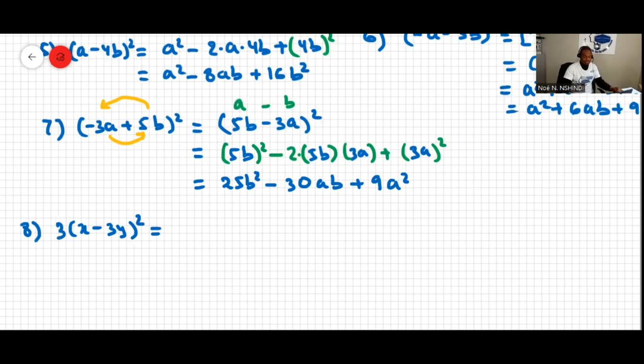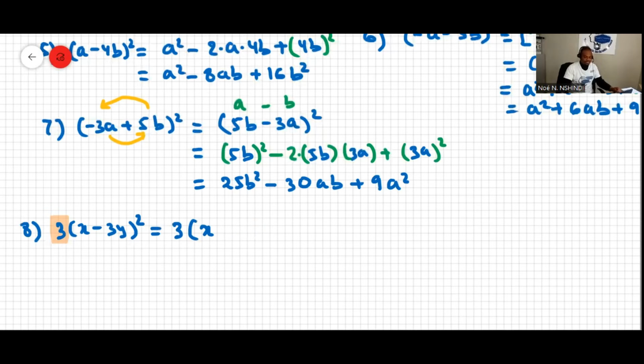Now the 3 is outside the bracket, so it has nothing to do with the power of 2. So this will be just 3 there, open bracket, and then x minus 3y, close bracket.